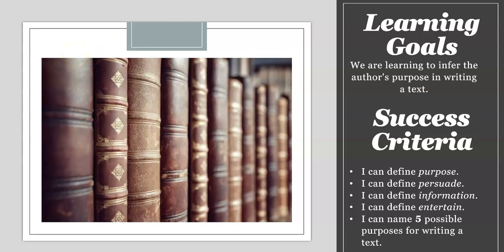Our success criteria today are: I can define purpose, I can define persuade, I can define information, I can define entertain, and I can name 5 possible purposes that an author has for writing a text. If you hit those along the way, I would call that very successful, and we will have hit our learning goals.